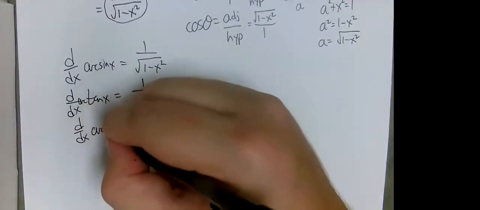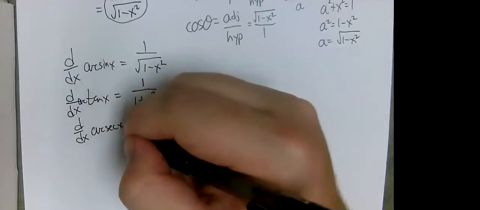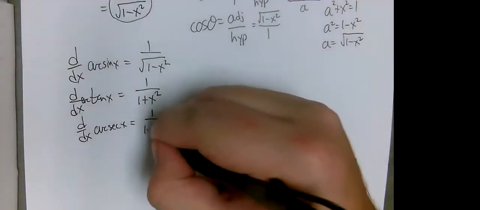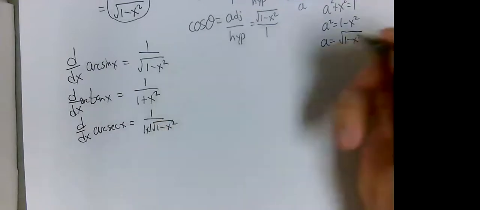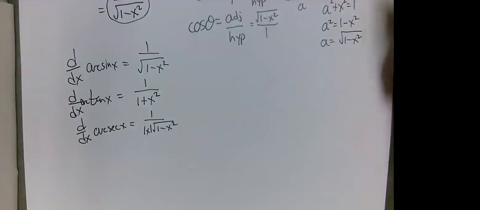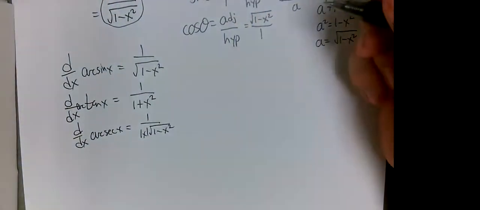And then the derivative of arc secant of x is going to end up being, let's see, I think it's the absolute value of x over square root of 1 minus x squared right here, if I remember correctly. This one I don't use very often, so I'm a little more shaky on that one.